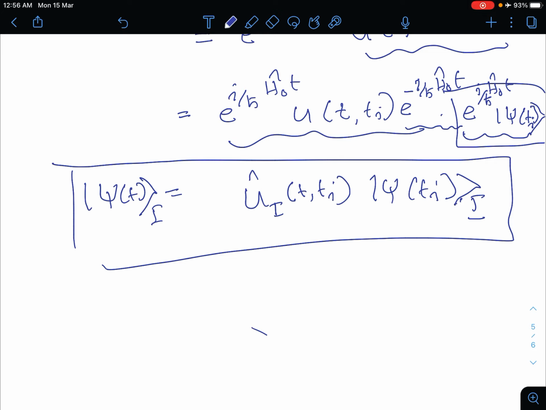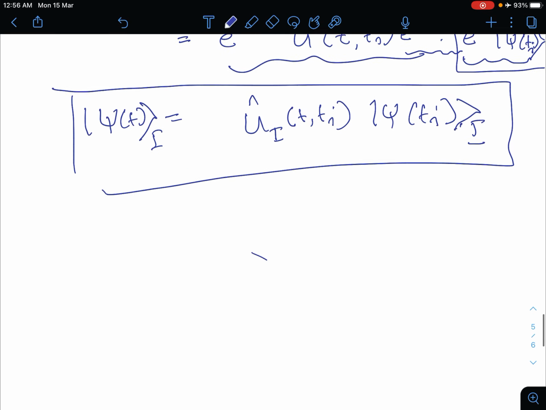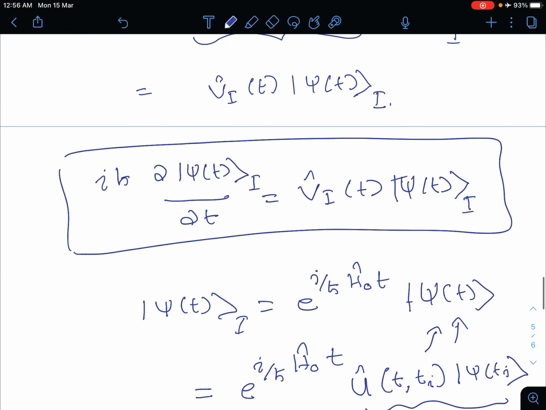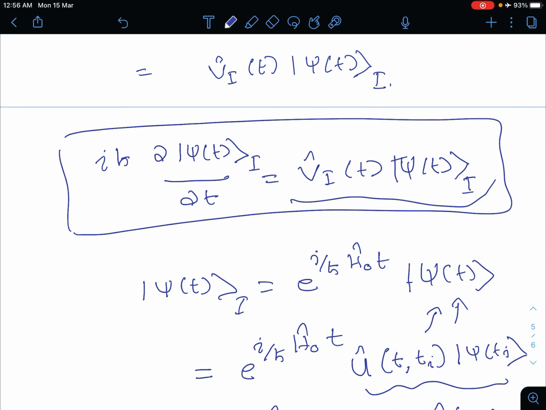Now let's take the equation of motion of the time evolution operator, so that I can say i h cross dou UI of t, ti by dou t is equal to what? We got the equation of motion is something like this.